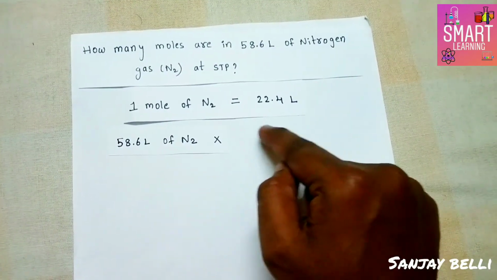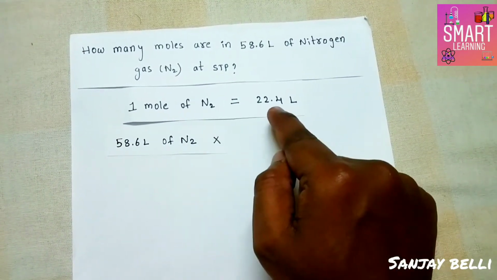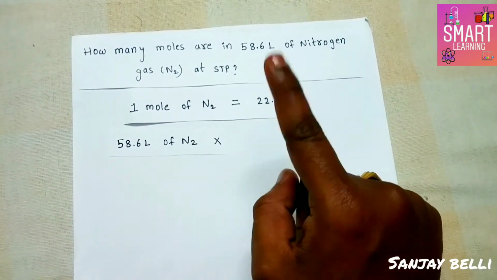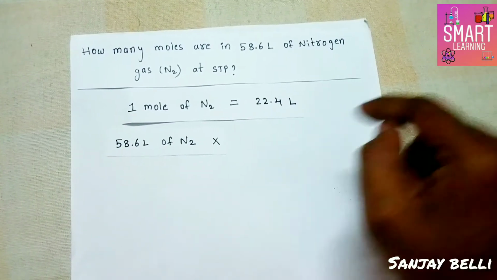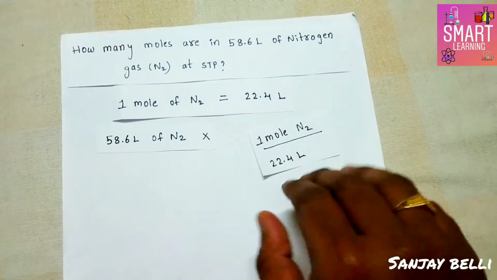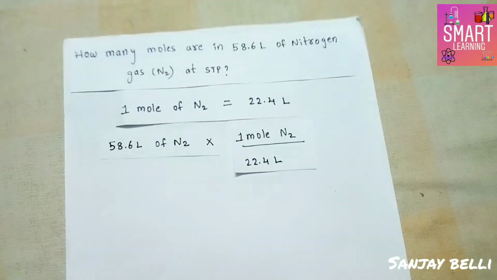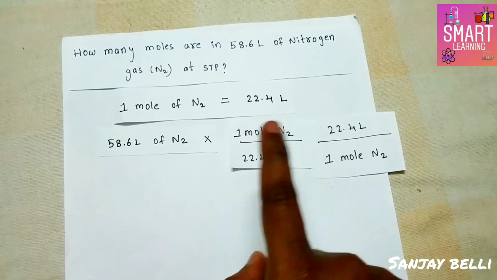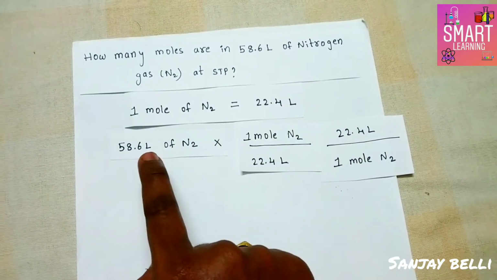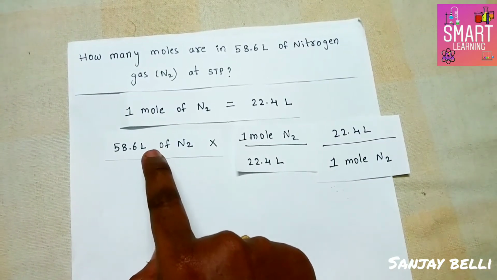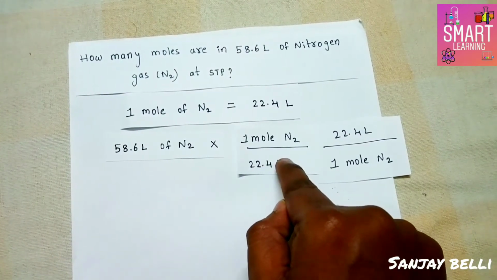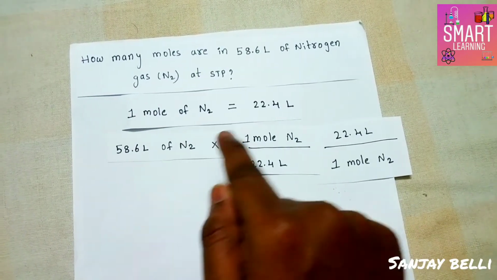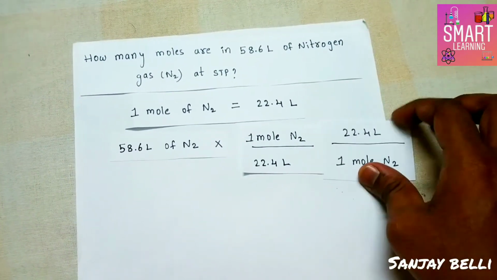So here you have to take the conversion factor. This is the basic formula: 1 mole of nitrogen by 22.4 liters, and 22.4 liters by 1 mole of nitrogen. This is one possibility and this is the second, but we have to choose only one. As I always said, your liters are in the numerator, so the denominator also should be liters, because liters will be cancelled and you get moles.